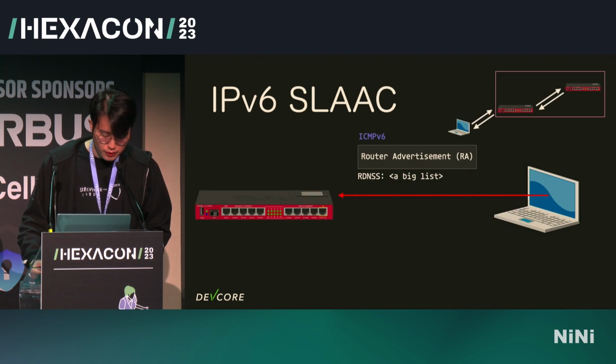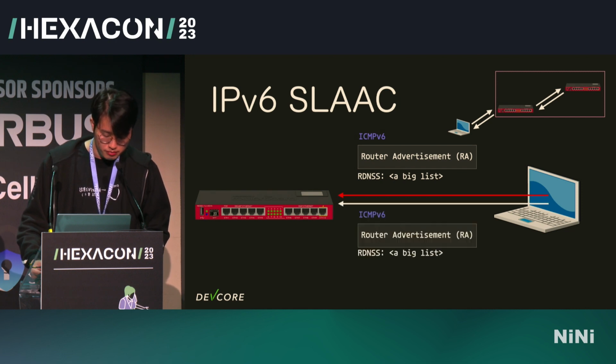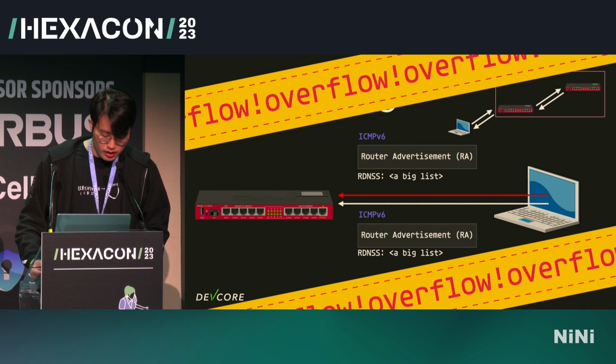So what we have to do is this. We have to act as a bad neighbor that sends a router advertisement with a big RDNSS list to the target router. Then send another router advertisement with a big RDNSS list. Now the return address is overwritten by an IPv6 address in the RDNSS of the first RA.